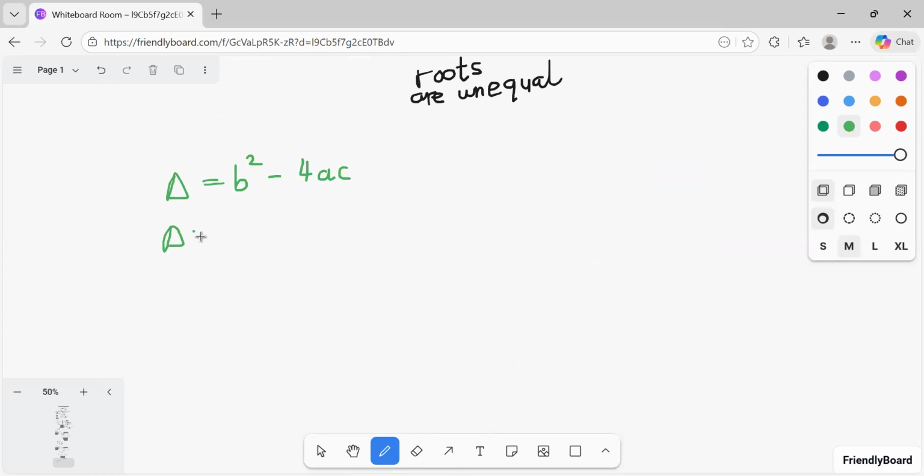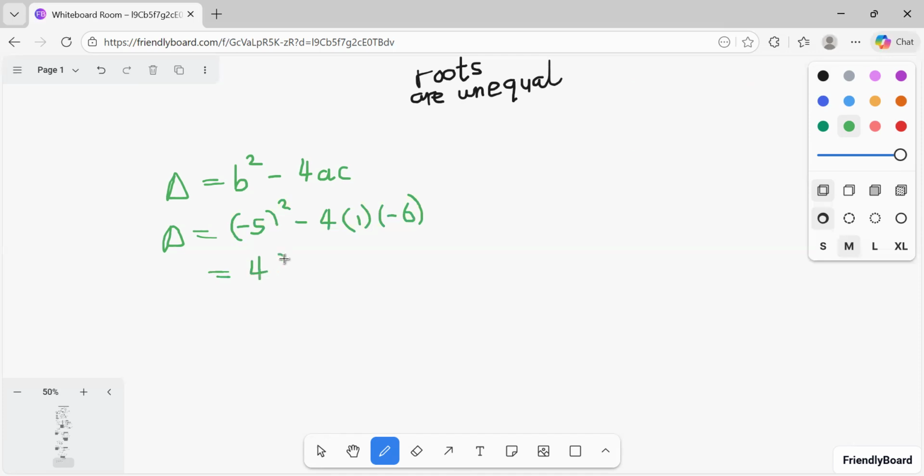So this becomes delta is equal to b squared, and my b is a negative 5. So here I'm going to put negative 5 squared minus 4 times 1, and my c is negative 6. Which, of course, if you simplify, you can actually see that it's 49.